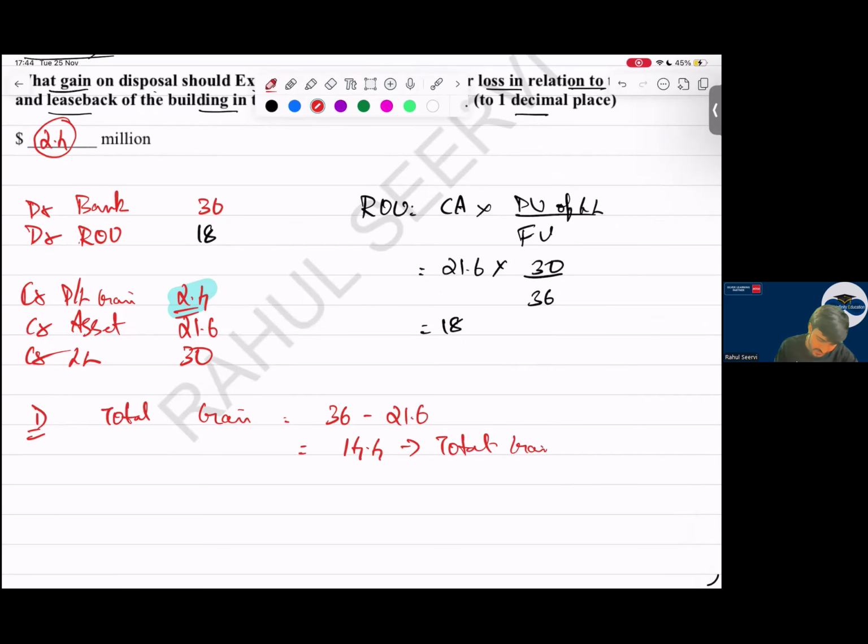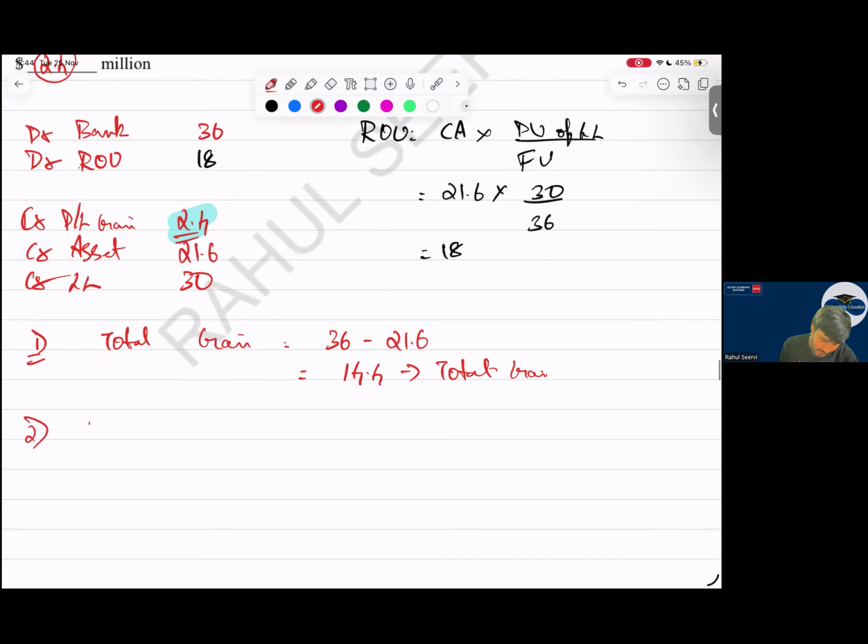This is the total gain. Then step 2 was what? Gain relating to the right retained. That is 14.4 into 30 divided by 36. The same values we have to use. You're getting 12.